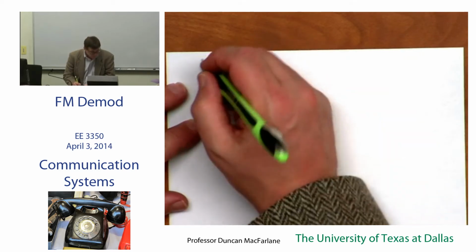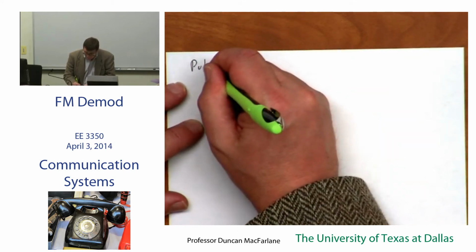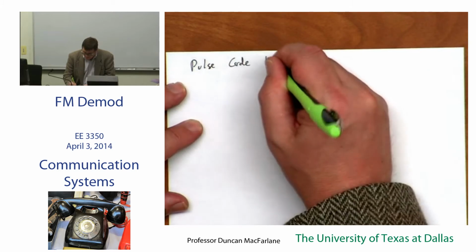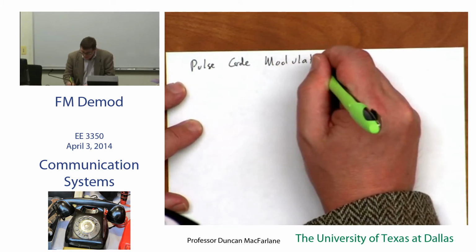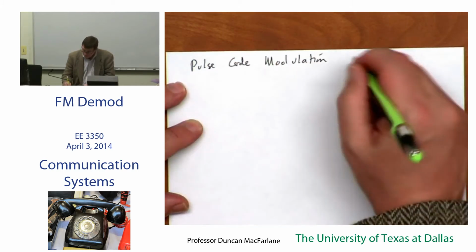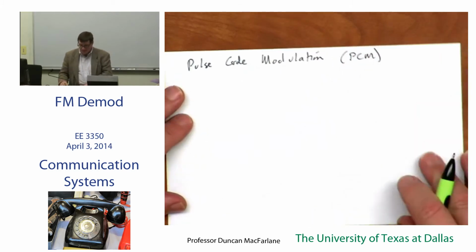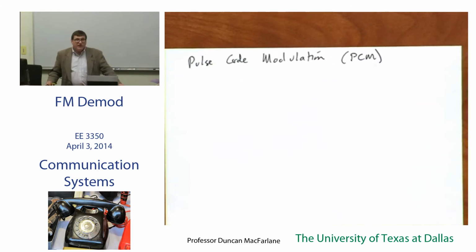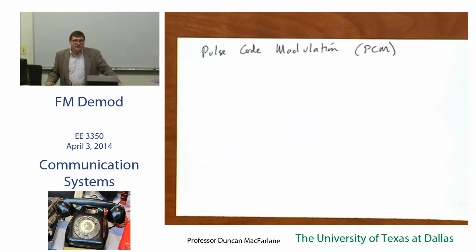Now, if I can ask a really unfair question, it's unfair because we've never talked about this before, and in fact it requires a concept that we've never even talked about before. Why is digital preferred in so many of our systems to analog?